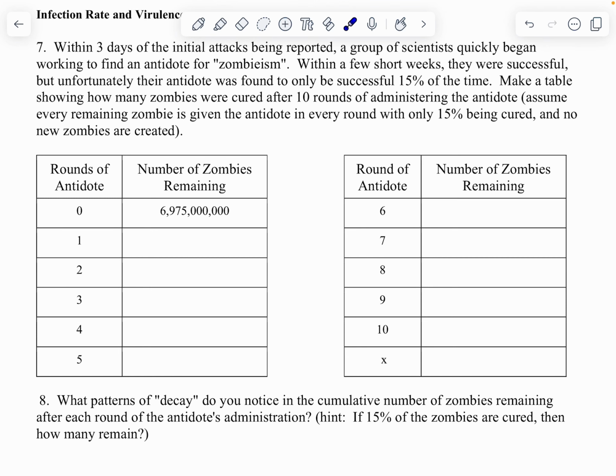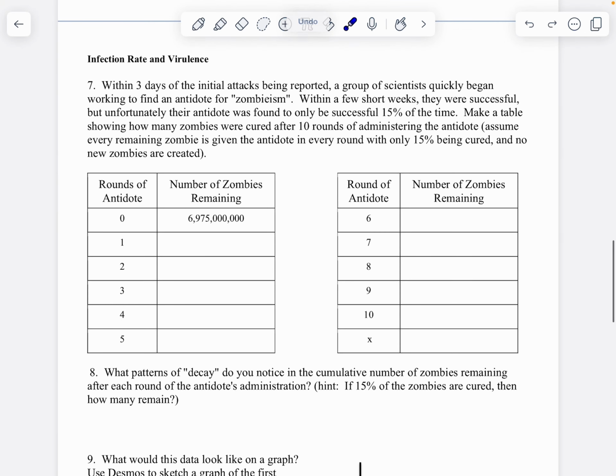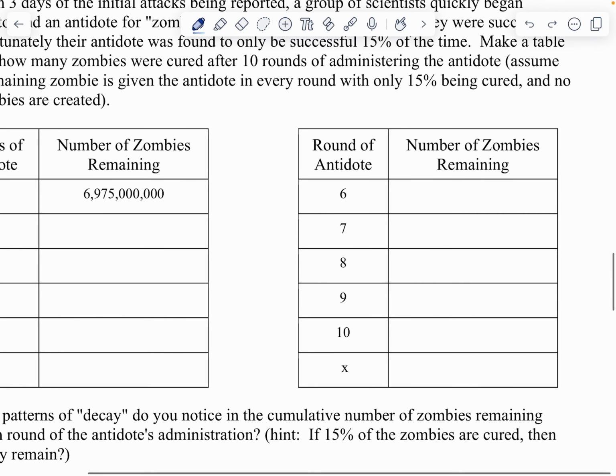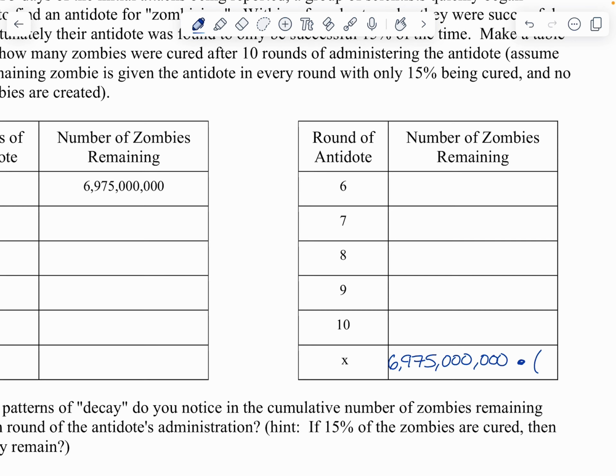Okay? It might be easier right away to think about what our equation is going to be. You look at how many you start. 6 trillion, 700 or 975 million, times whatever your multiplier is going to be. I know these numbers get pretty big. In this case, you need to think of it from your rate. You're starting at 1.